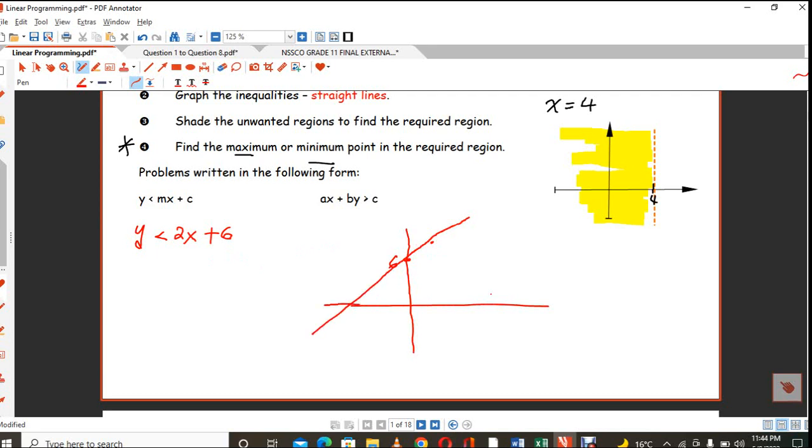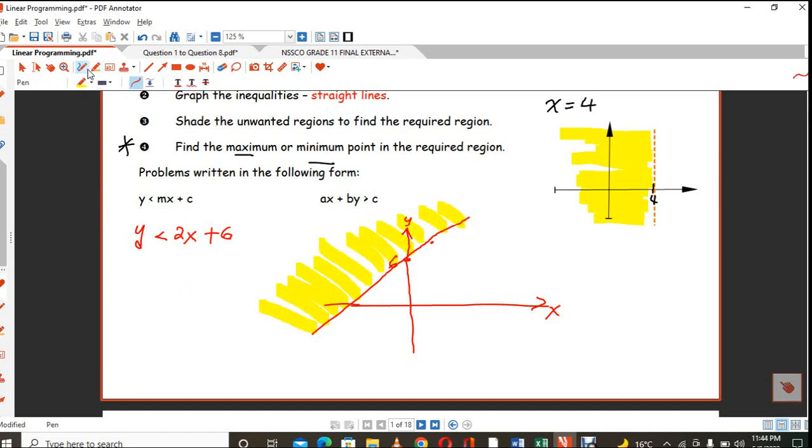Just an example, and that is y over there. Because you have less than, the wanted region must be below the line. So the unwanted region will be above the line. So that is basically what you're going to look at.